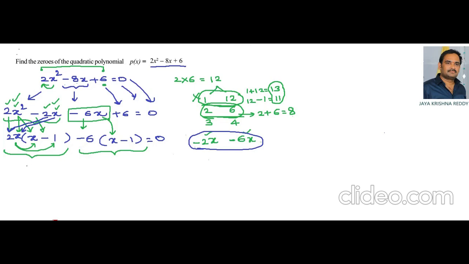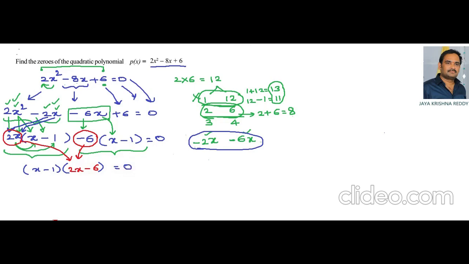From these two terms, you have to take x minus 1 as common, and in another bracket, you have to write the terms which are outside of the bracket. Here 2x is a product with x minus 1, and for the second term minus 6 is there. So you have to write those two terms in another bracket, that is 2x minus 6, equal to 0.